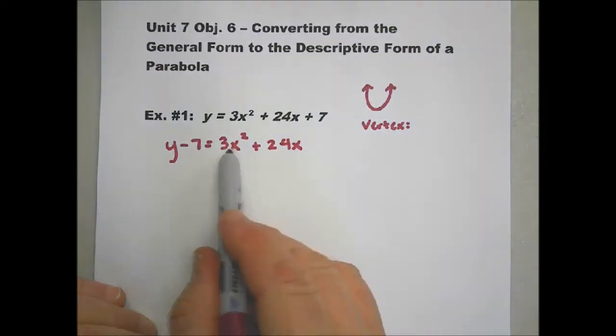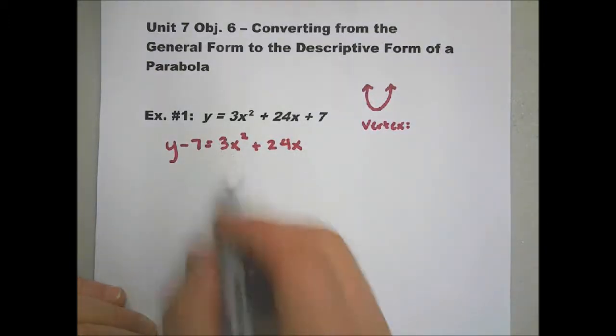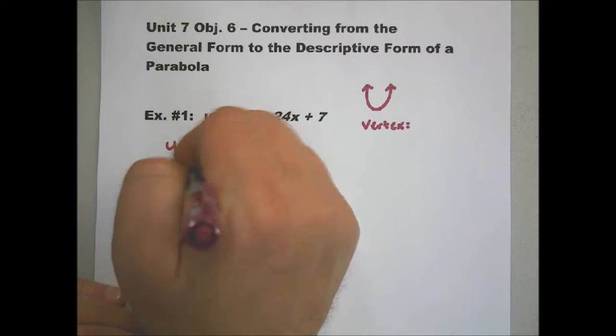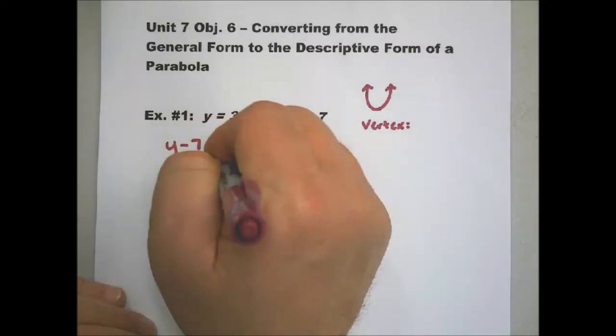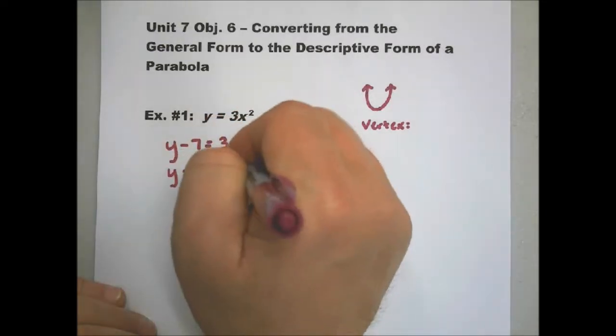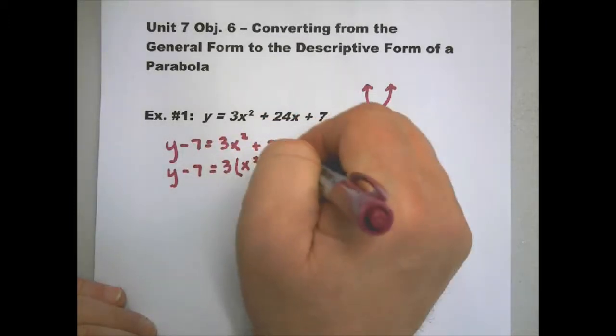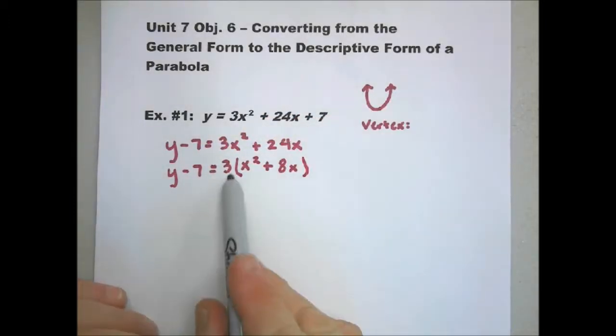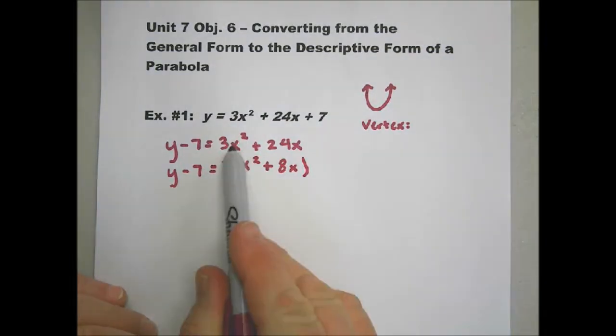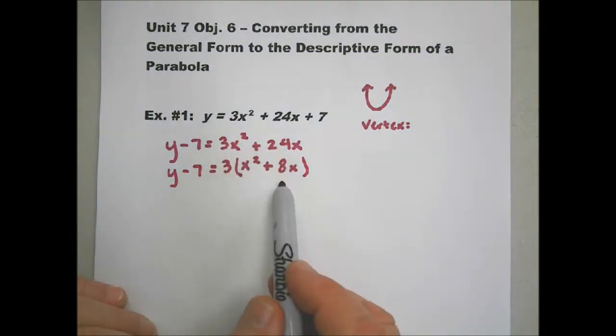Now, over here, I'm going to factor out that 3. So y minus 7 equals 3, and then in parentheses, x squared plus 8x, because I factored out the 3, so both of these terms got divided by 3.